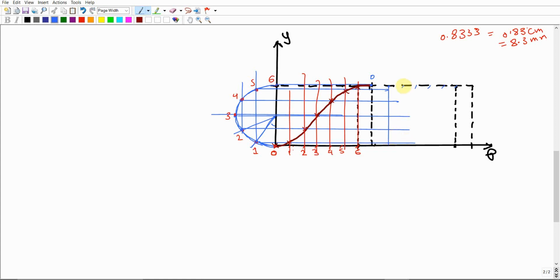And from this point, draw a vertical line, and so on. And definitely this is going to be the last line. By the way, this is 1, 2, 3, 4, 5, and number 6, right?